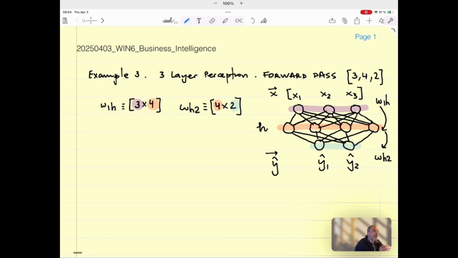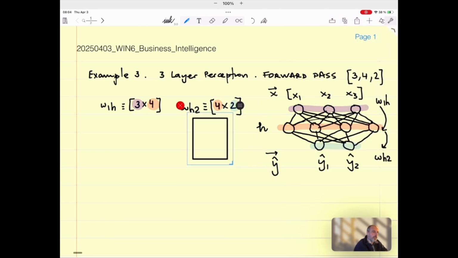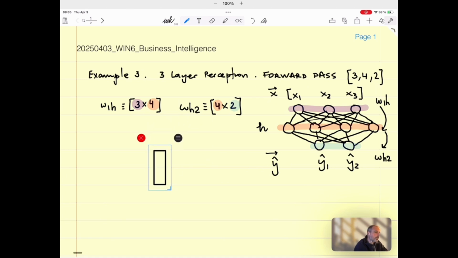So let's do the example with real numbers, and then with that we can have a better feeling that we understand it. As I said, you are doing deep learning now, so this is really important.